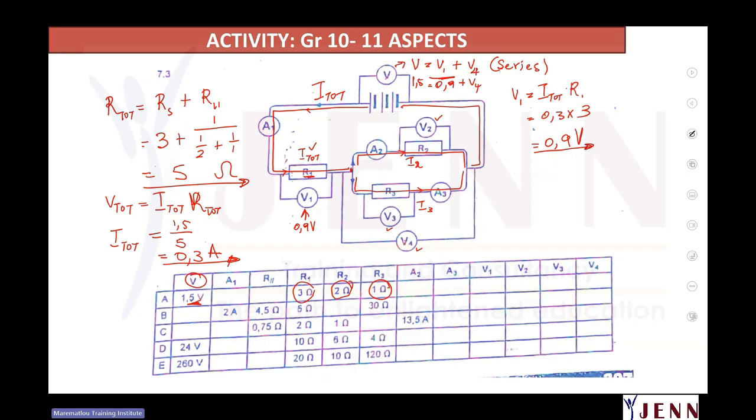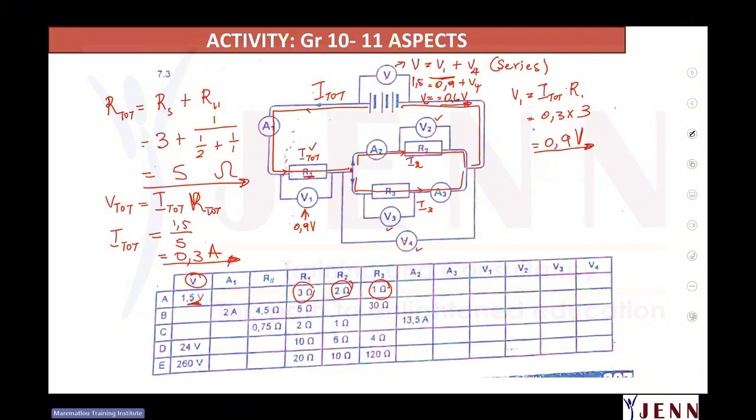Then we can get our answer, and we see that the reading on V4 will be 1.5 minus 0.9. And 1.5 minus 0.9 will be, if I'm not wrong, I think 0.6. Stand to be corrected.